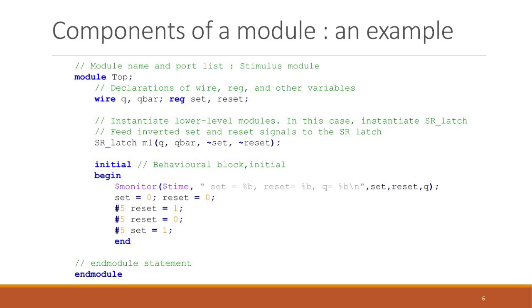So with this, when you make set equal to 1, the inverted set signal connected to the latch becomes 0. This will cause the Q output to go high, which means the latch is set. Similarly, when you make reset high, Q goes low. That is, the latch resets.